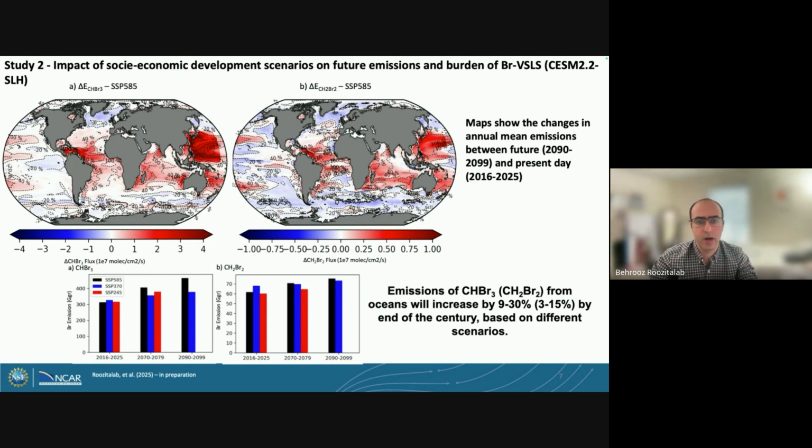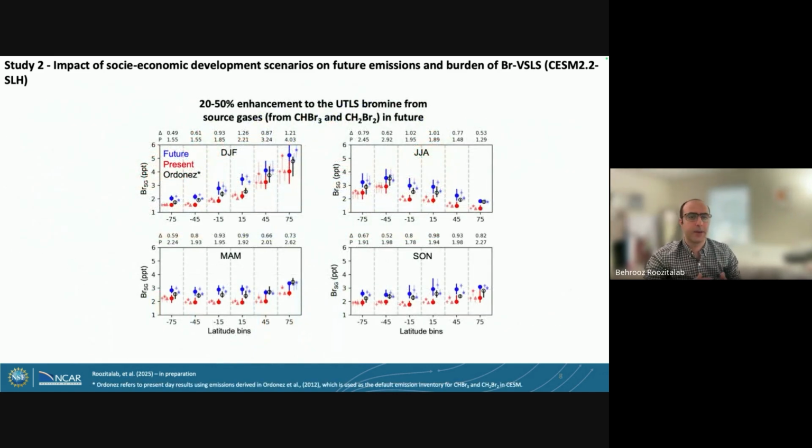And overall, we estimated that based on this scenario, the emissions of bromoform and dibromomethane can increase by up to 30% in the future. So what it means is that if the emissions are going to increase in the future, and we know that for example, the Asian summer monsoon is going to enhance in the future, it means that we will release more halogens to the upper troposphere.